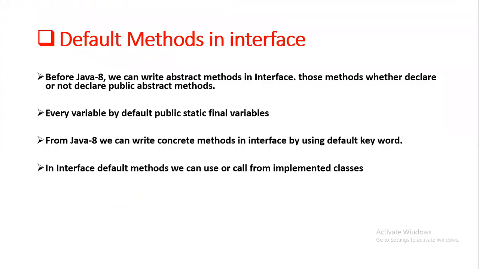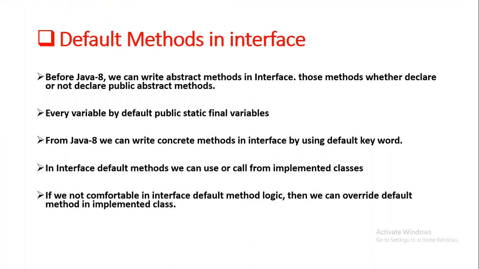Okay, so the next point we need to discuss. If you are not comfortable with whatever logic is there in the interface default method, that method we can override in our implemented class also. So the next point tells, if you're not comfortable with the interface default method's logic, then we can override that default method in the implemented class. We'll see that also.